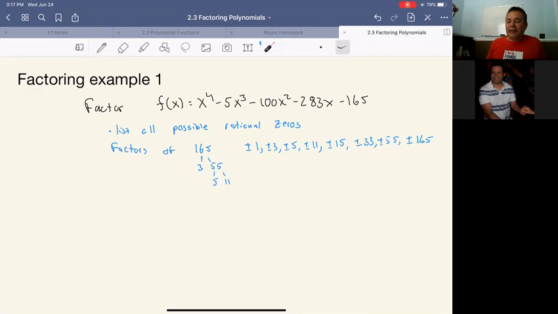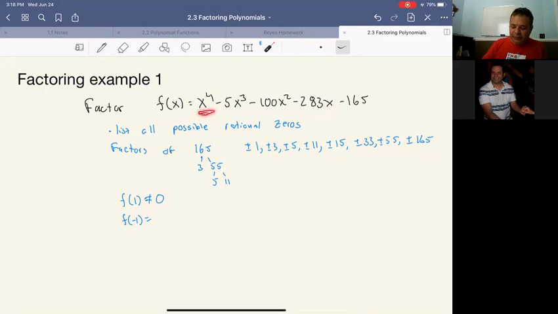Now, when I look at f of 1, I can do that without any fancy stuff. So f of 1 is going to be 1 minus 5 is negative 4, minus 100 is negative 104, and so on. I can quickly see that's not 0. Let's try negative 1.